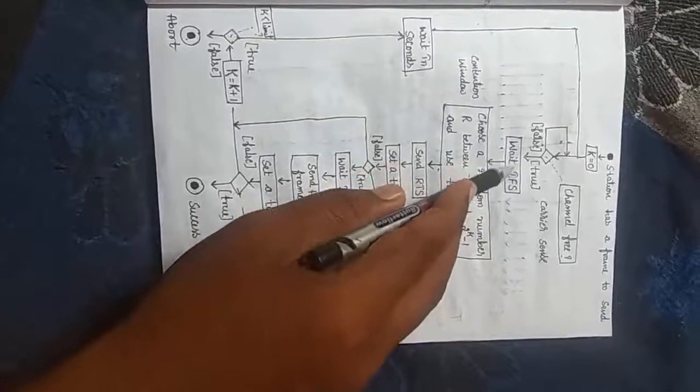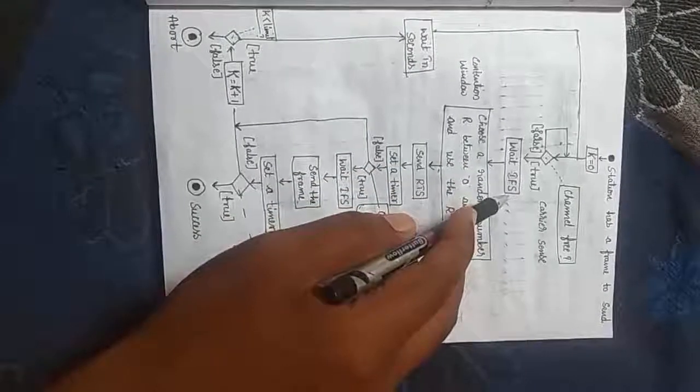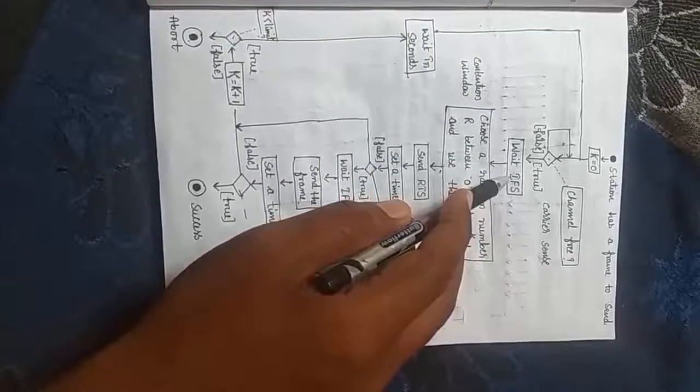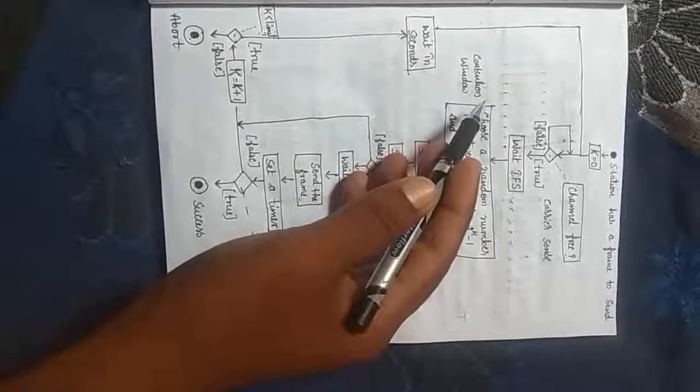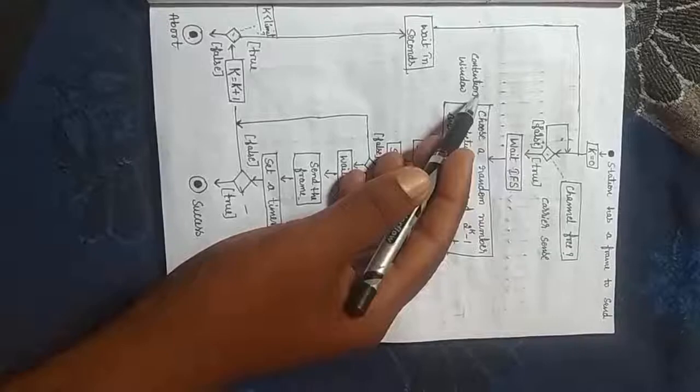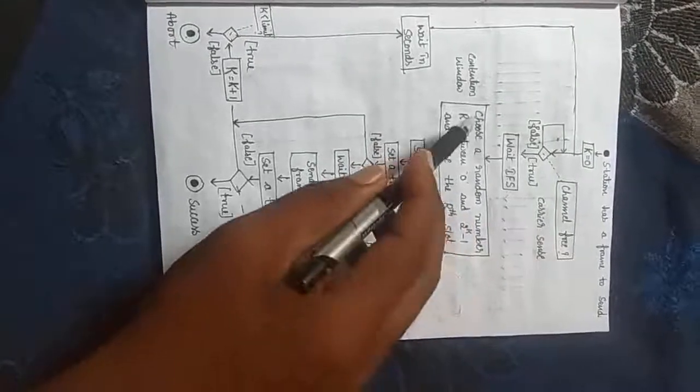Before transmitting, some conditions are there. Wait for IFS, meaning inter frame space. After the interframe space, there are contention windows, which contain a number of boxes like this.